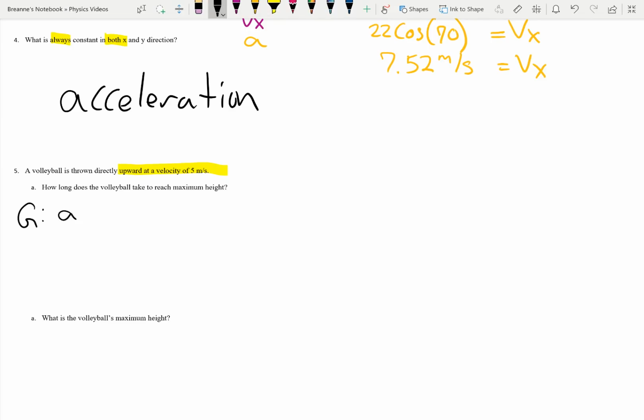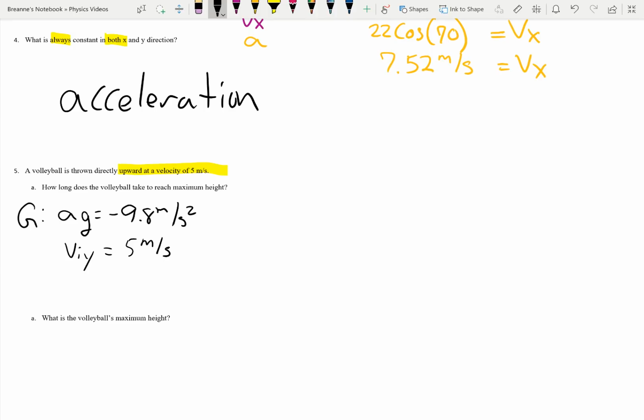Since it's in vertical, we know that our acceleration due to gravity is negative 9.8 meters per second squared. It's thrown upwards, so we know that our initial velocity in the y is 5 meters per second.